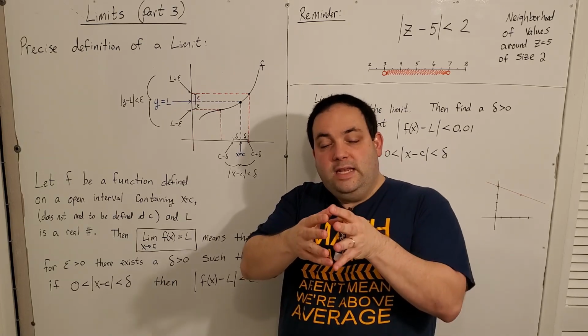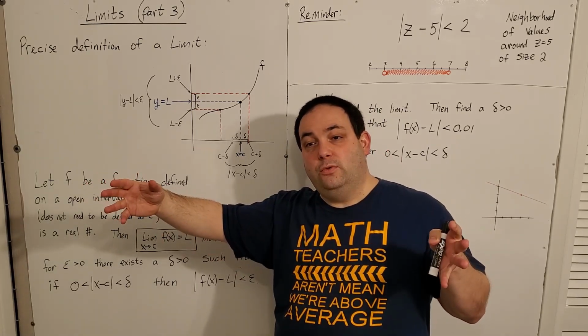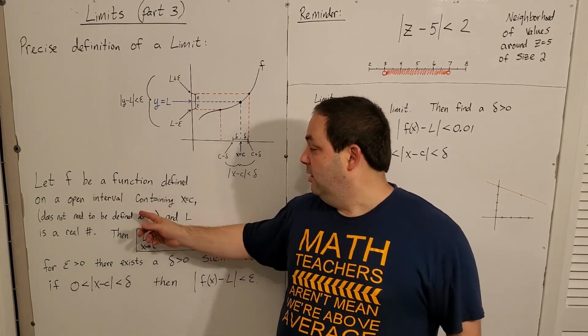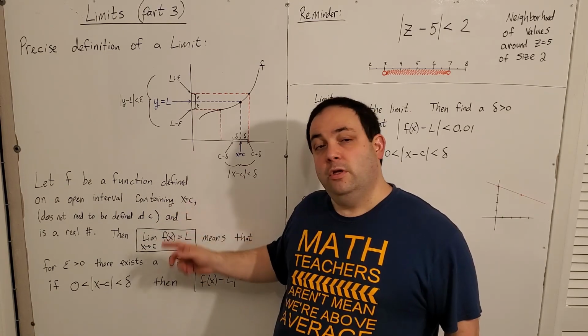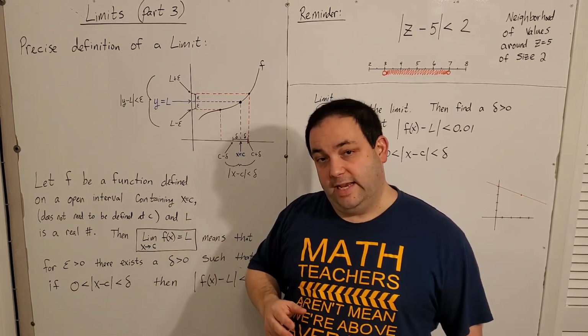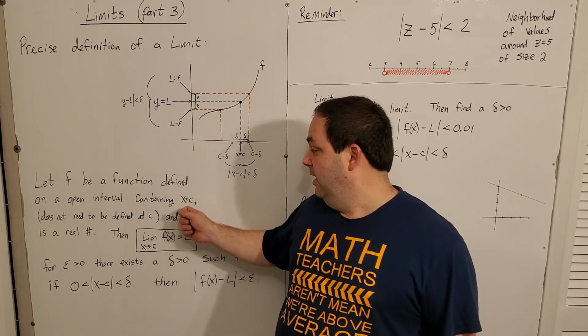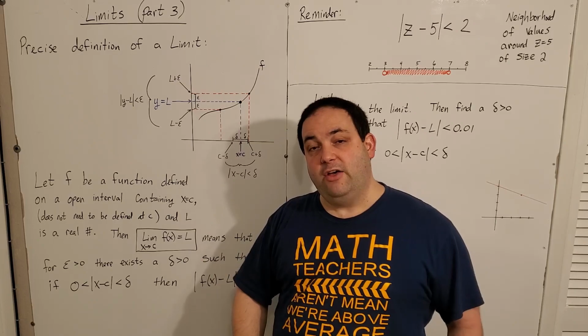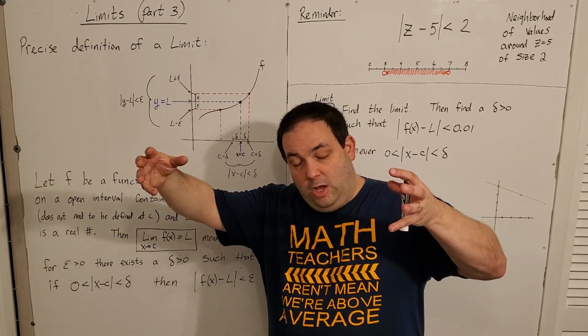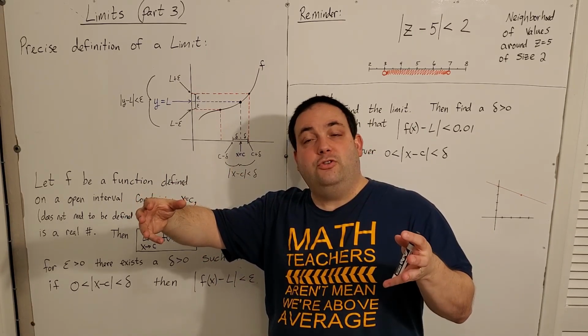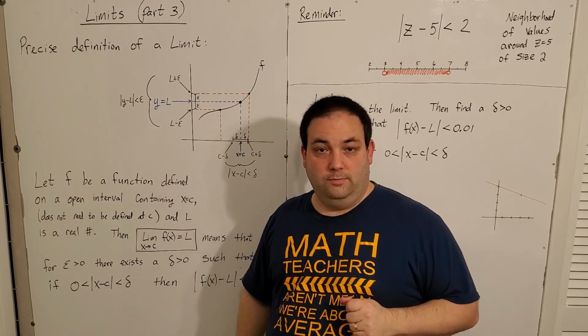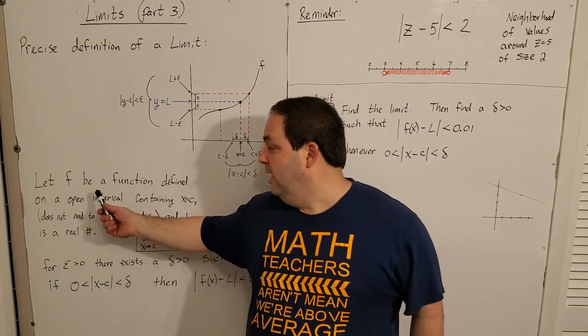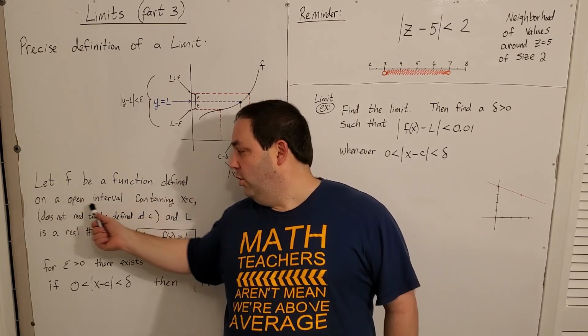The domain needs to be a connected interval, and that interval needs to be around the point that we're interested in taking the limit towards. So as x approaches c, whatever that c value is, that's the interval that I want my function's domain to be defined on. That's what we mean by let f be a function defined on an open interval.